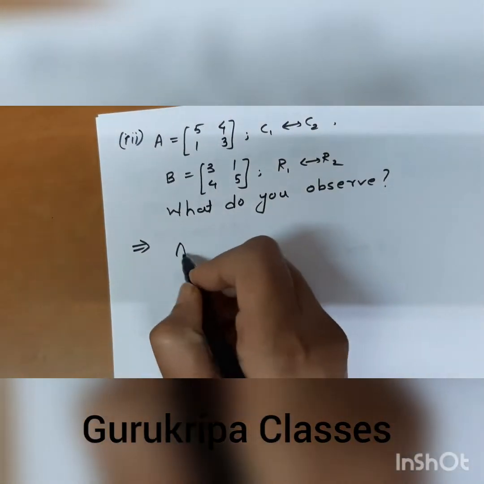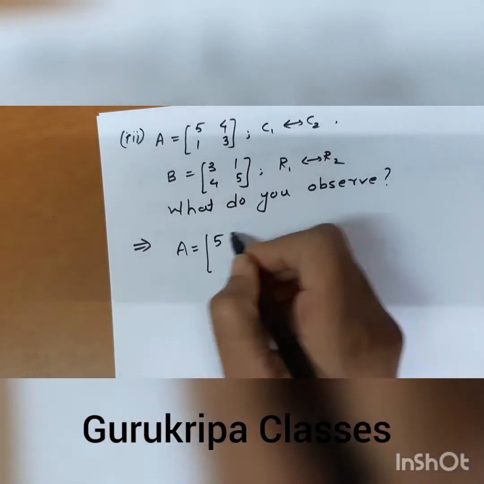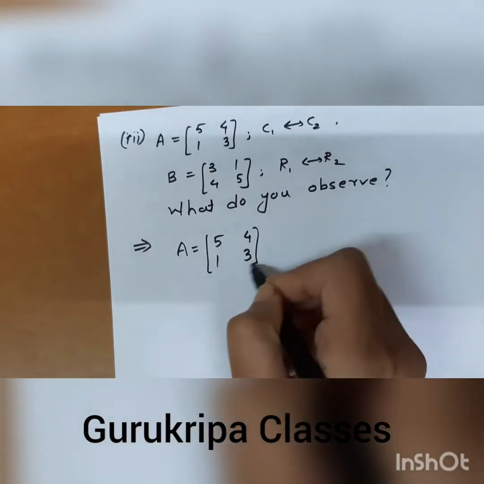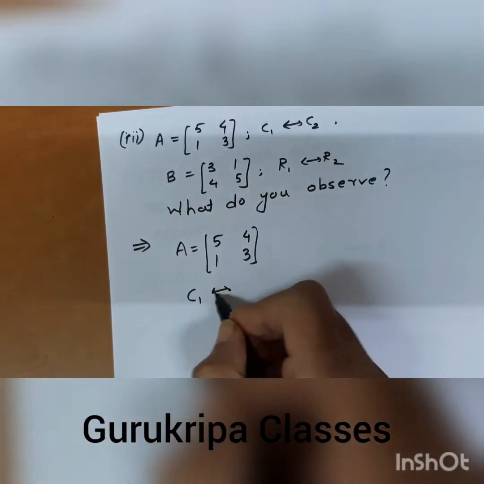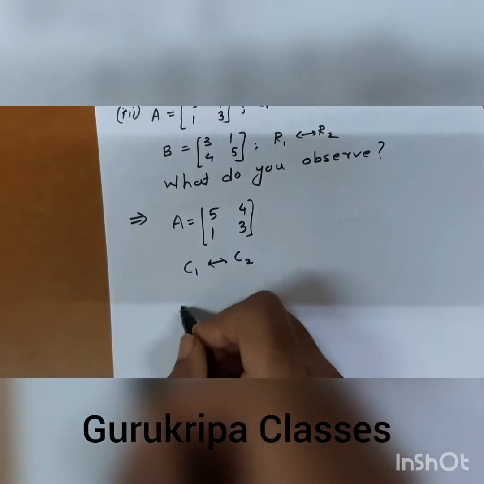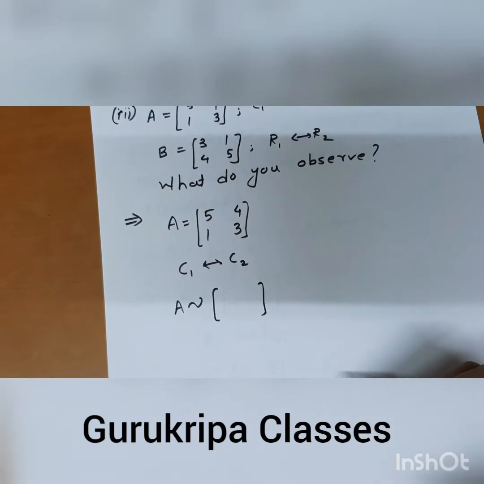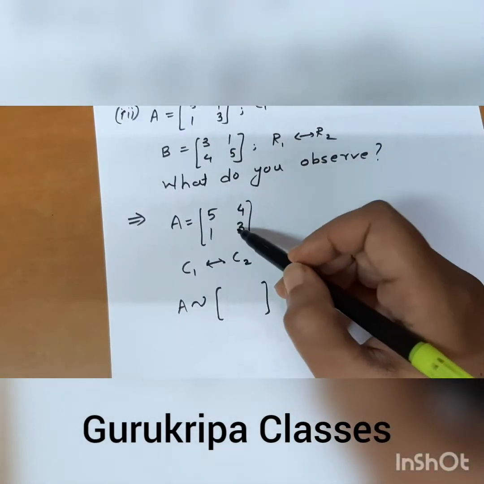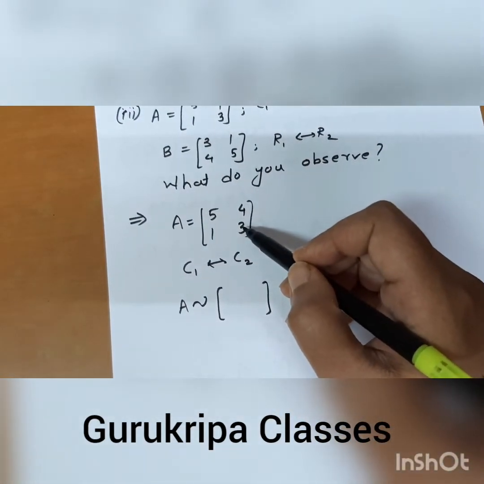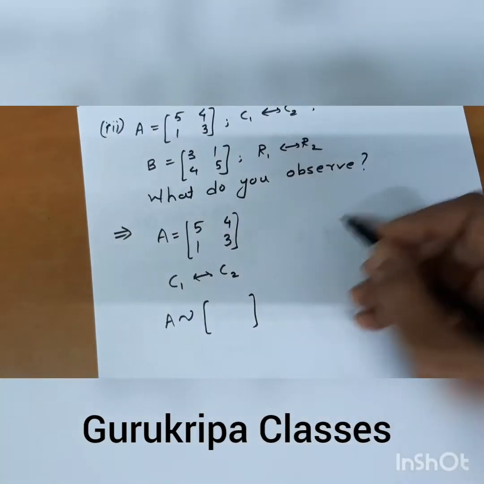So I am writing the A matrix as it is, 5 4 1 3, and the operation is C1 interchanged with C2. Now A is equivalent to C1 interchange with C2. That means C1 is the first column and C2 is the second column. C for column and R for row.